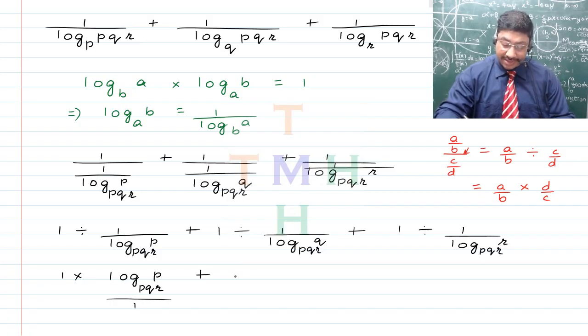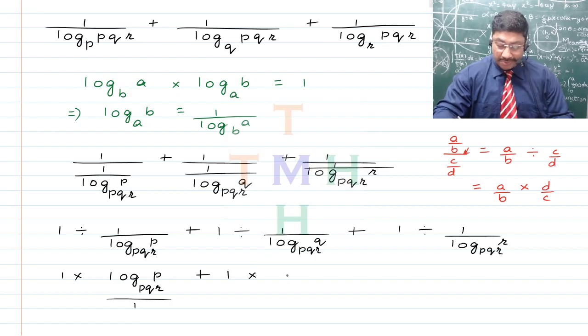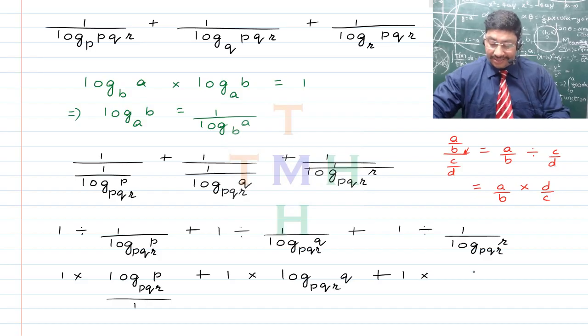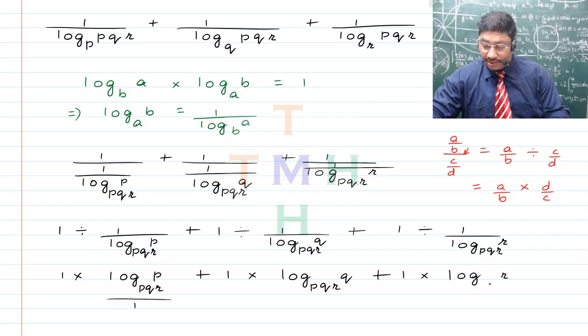Now to this is added 1 into, again the reciprocal, log of q to the base pqr. And then the last term is 1 into, again the reciprocal, log of r to the base pqr, divided by 1.